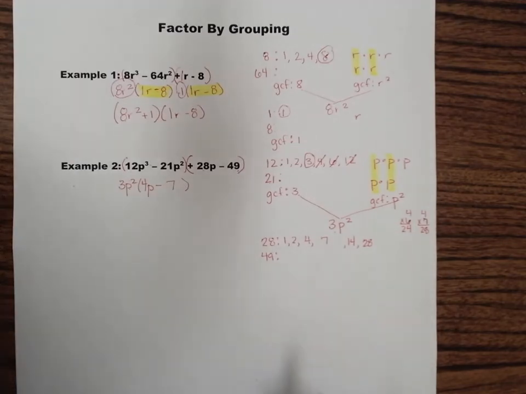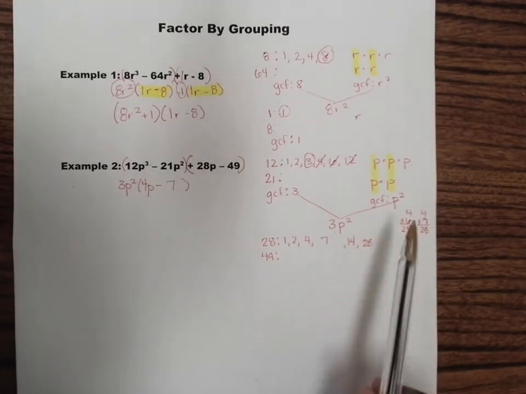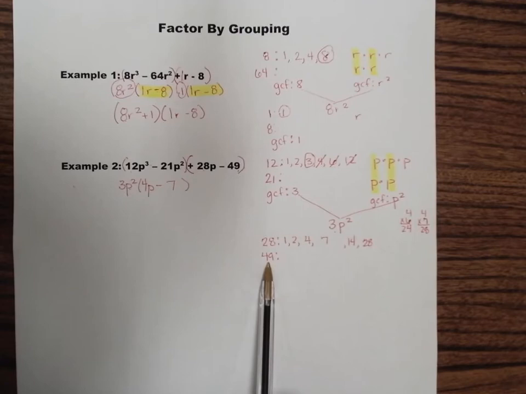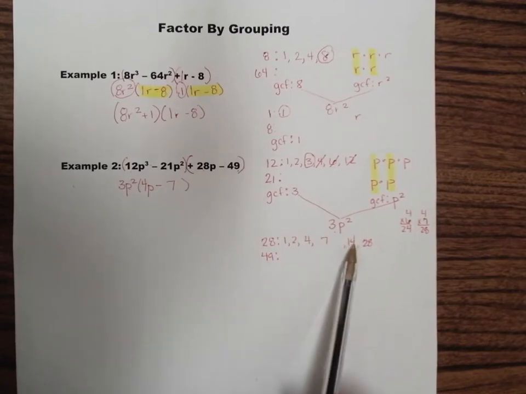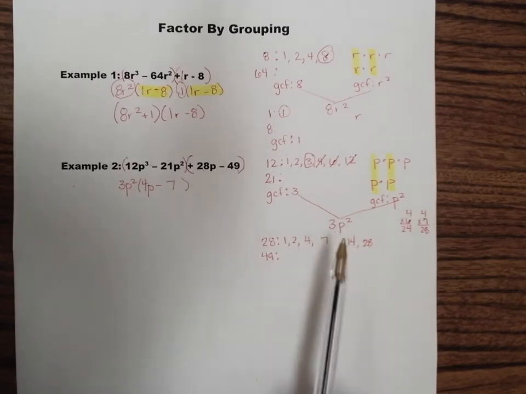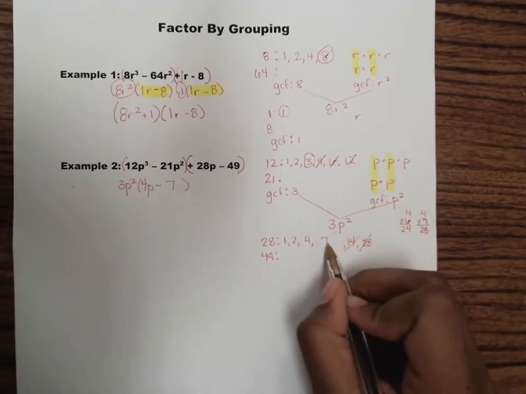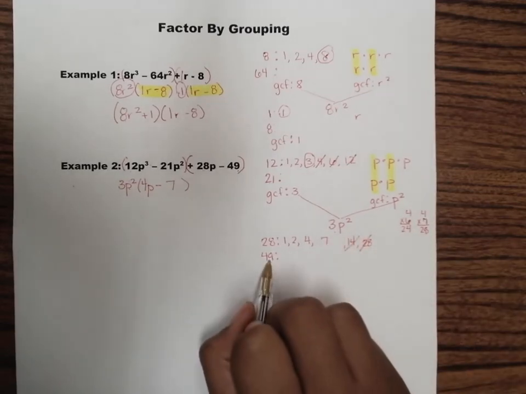Okay, so if you're not sure about your factors, do the guess and check over here. So I'm going to start with 28. Can 28 go evenly into 49? No, it cannot. Can 14 go evenly into 49? No, it cannot. Can 7 go evenly into 49? Yes, because I know 7 times 7 is 49.